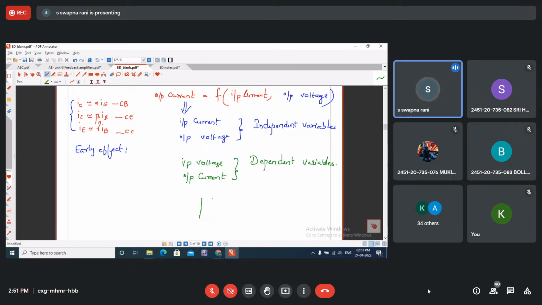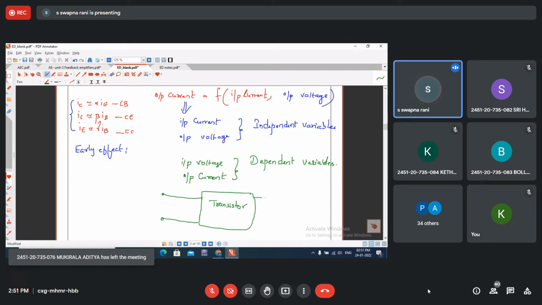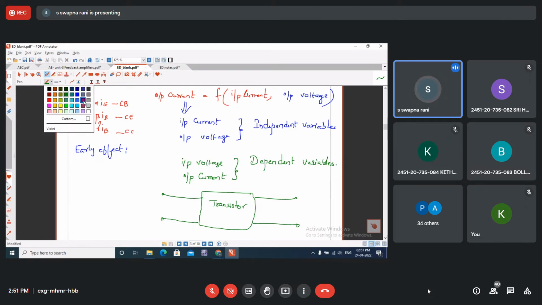So the transistor, in any configuration, whether it is CB, CE, or CC, has two terminals at the input side and two terminals at the output. Therefore, we can treat the transistor as a two-port network.